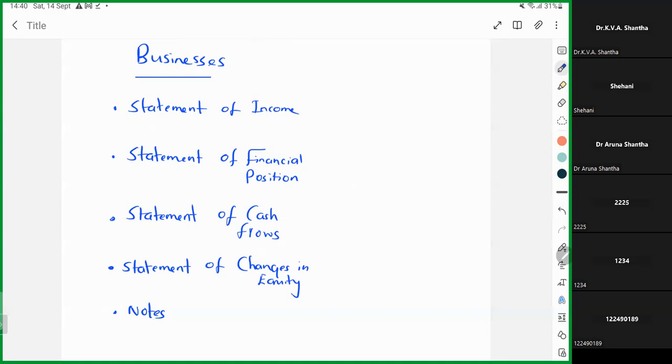Notes provide more details on the values given in the other statements.